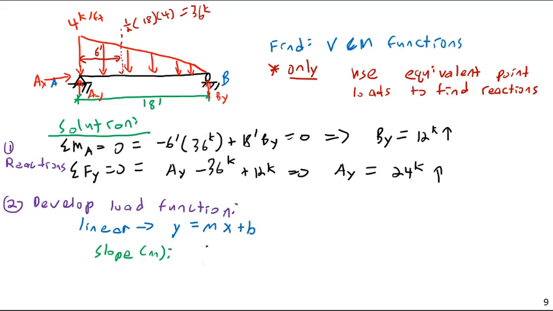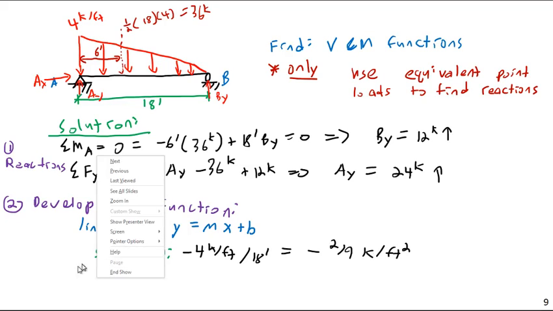It is just rise over run, negative 4 kips per foot over 18 feet. It's actually going to be a negative 2 over 9 kips per foot, or kips per foot squared. So it's a rather interesting unit system.